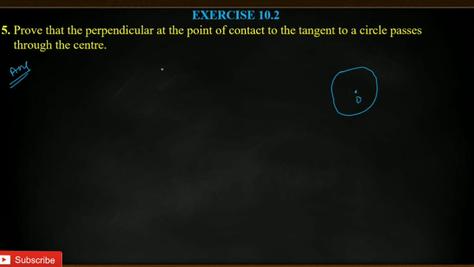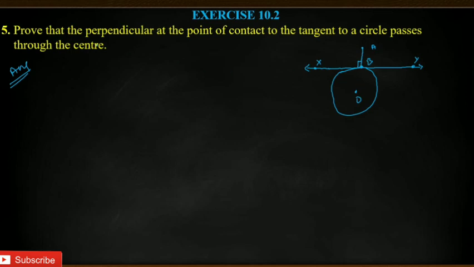They said prove that the perpendicular at the point of contact to the tangent. So let me draw one tangent first. This is a tangent. I'm naming the tangent X and Y. The point of contact, let me take it as B, and here I'm taking some point A, because we have to draw a 90 degree line with the tangent.